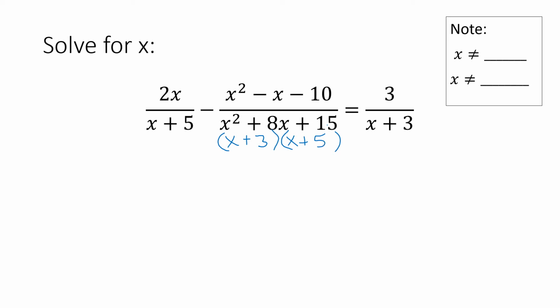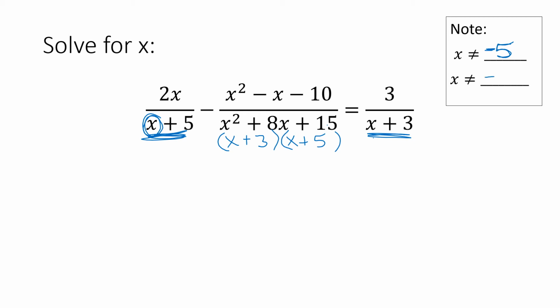Well, that should look familiar because we've got x plus 5 over on the left-hand side. We've got an x plus 3 over on the right-hand side. So there's not too much that's different in our denominators here. Now, before I move on, I do want to make a note over here that no matter what I get for my final answer, x cannot equal negative 5, because if you plug in negative 5, negative 5 plus 5 is 0, and you cannot divide by 0.